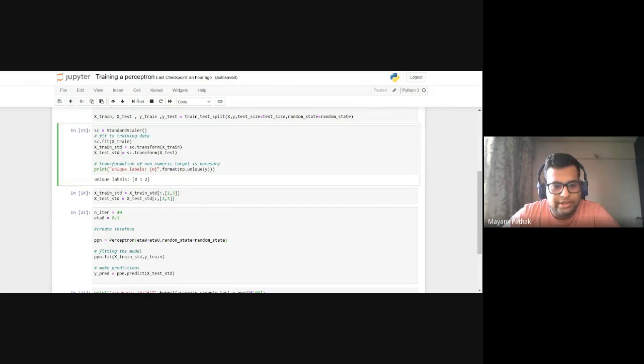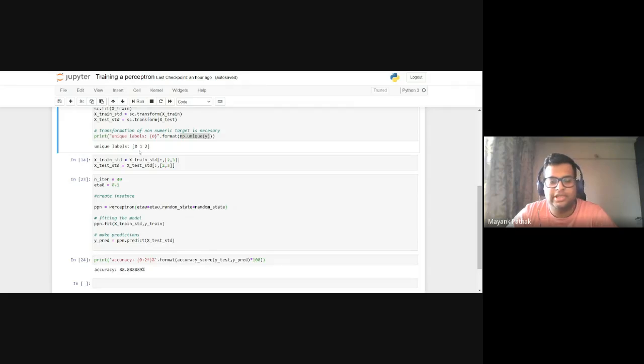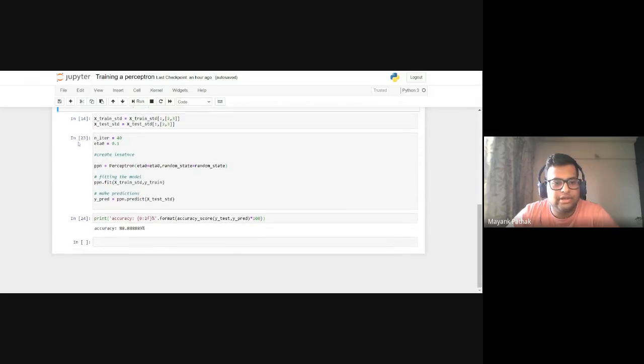Now there may be some non-numeric values that we need to check, so we printed unique values using a simple function called np.unique, and we got three unique values, that is 1, 0 and 2.